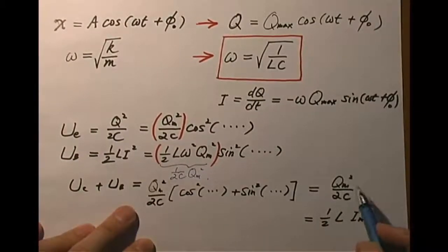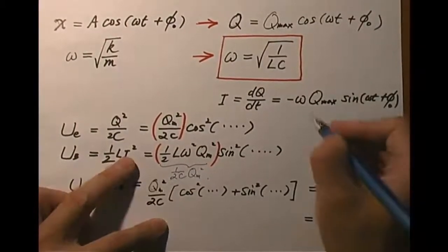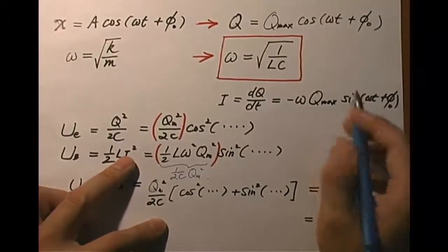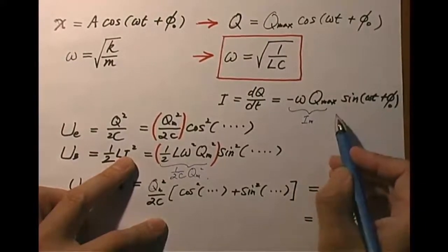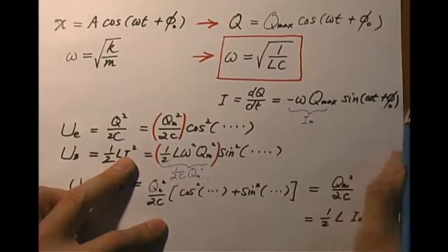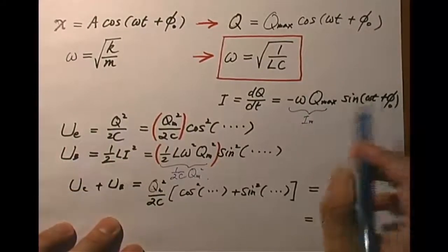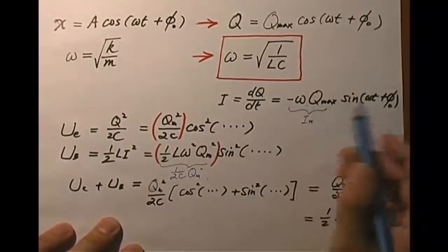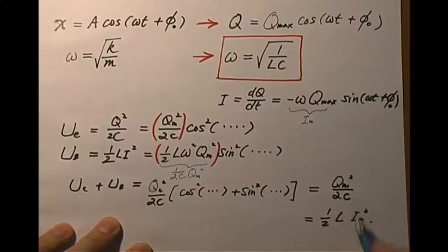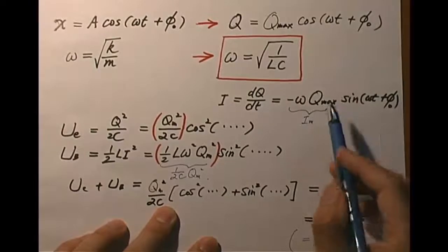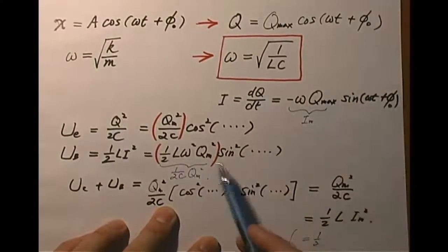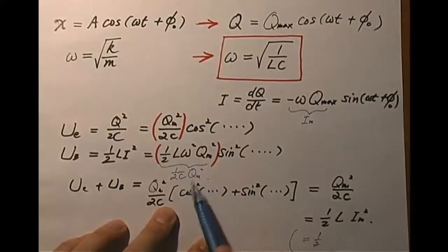In fact, we can show that this is indeed true because after all, you look at the expression for the current. This is I maximum, because I equals I maximum times a sine function, which never goes beyond 1. So I maximum is Q maximum times omega. With that you can show these two are equal to each other, because I maximum squared is omega squared Q maximum squared, and times L, don't you get that?